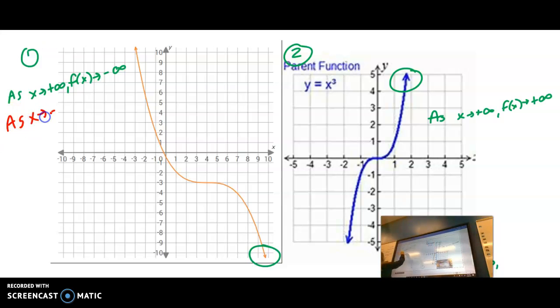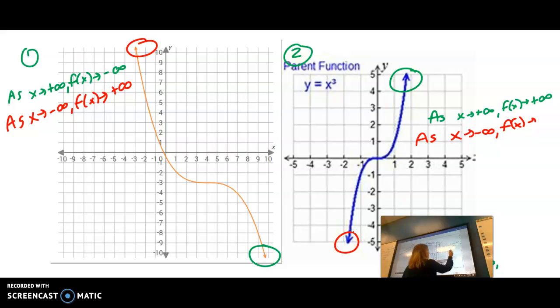As x goes to negative infinity, now this is telling you to describe the left arrow. The left arrow on this function is going up. The left arrow on this function is going down. So here you go.